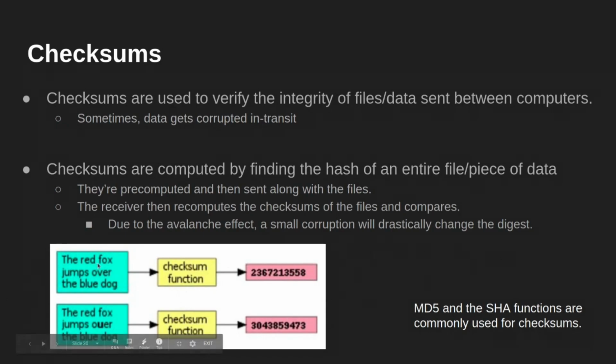And then somehow in transit, this message gets corrupted, and the V in "over" becomes a U. And then when that gets passed through the checksum function on the receiver's end, we get a way different hash than the pre-computed checksum. And when they're different, we know that something's changed, and we need to resend the files. And like I said before, MD5 and SHA are commonly used for checksums.